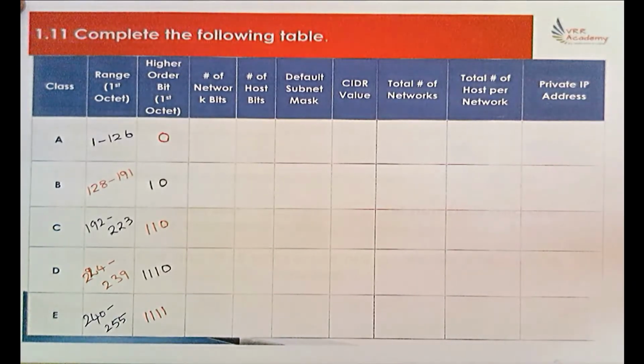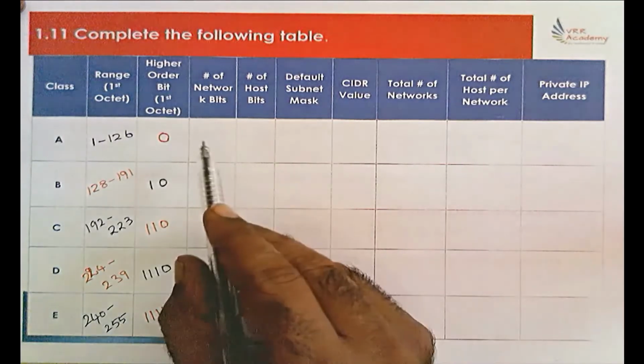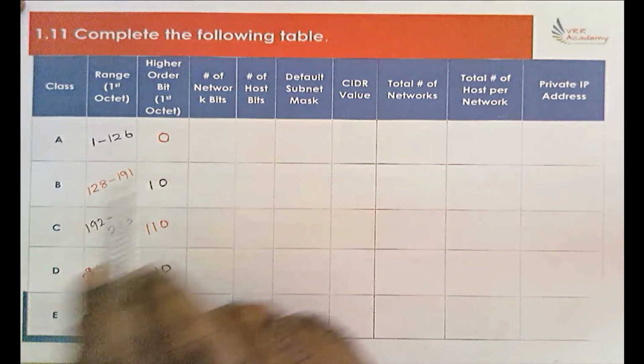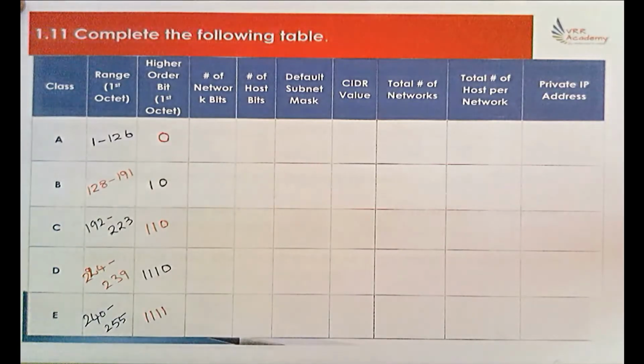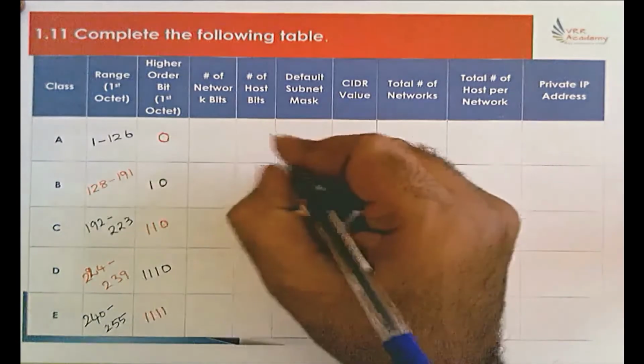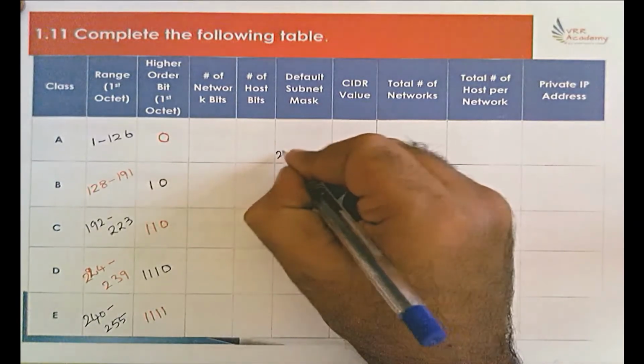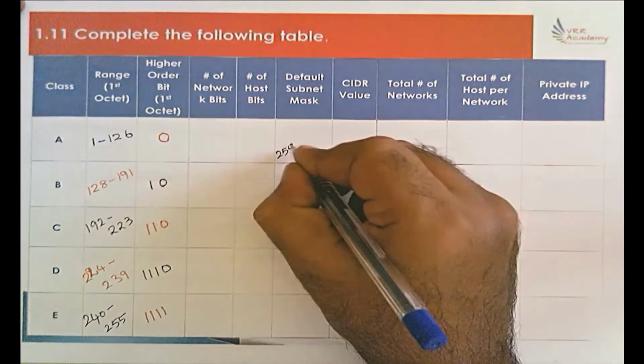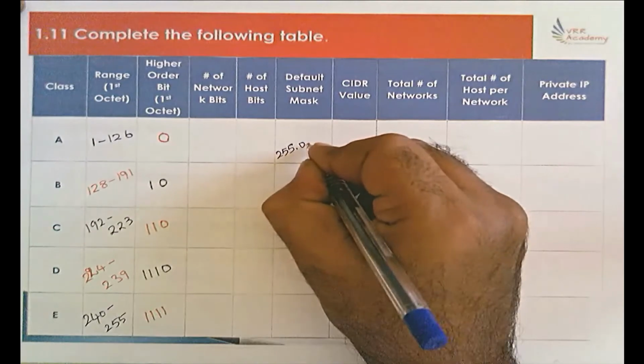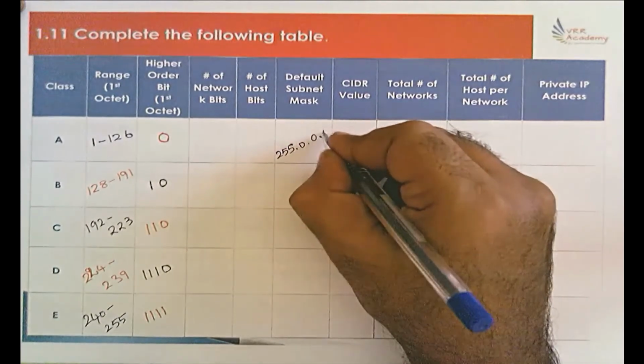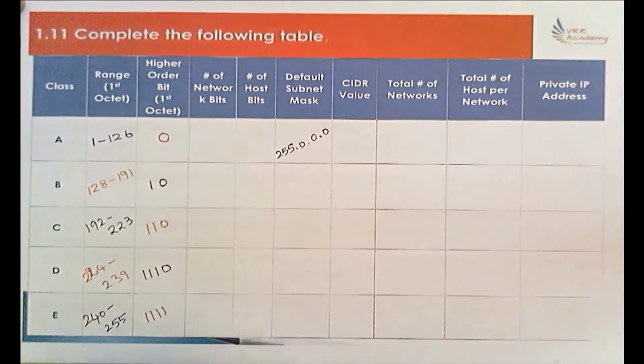Then we'll go to the default subnet mask. For a class A IP address, what is the default subnet mask? It is 255.0.0.0. So this is the default subnet mask for class A IP address.